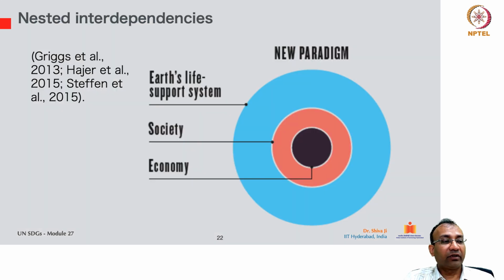Finally, towards the end of this module, we have these interdependencies. You can see, shown by this graphic, nested interdependencies. In the center we have the economy, flanked by society, and then lastly we have Earth's life support system, this environment and the surroundings and everything. So this is the understanding that the economy comes first, but it is very small in its footprint, and it's a kind of inclusiveness.